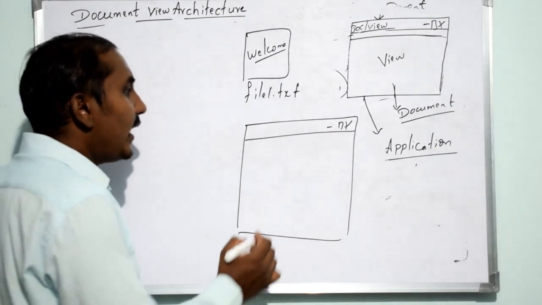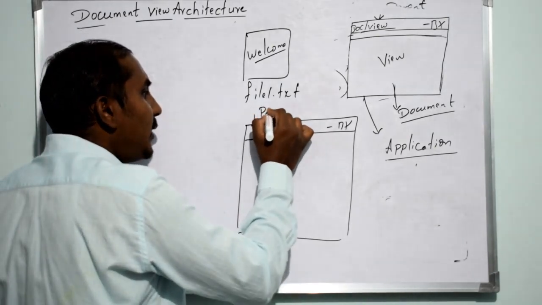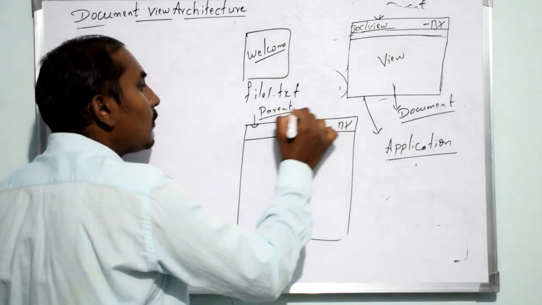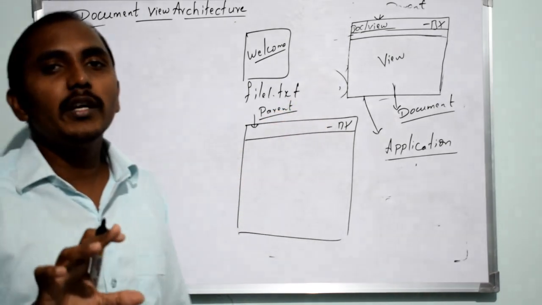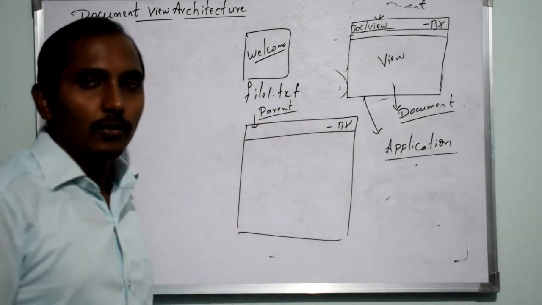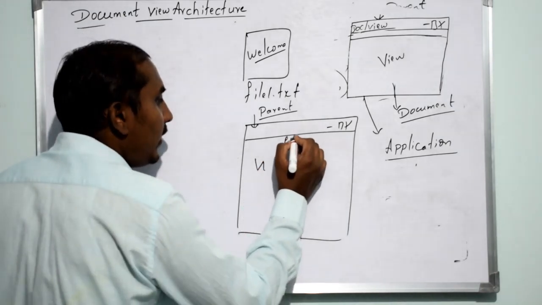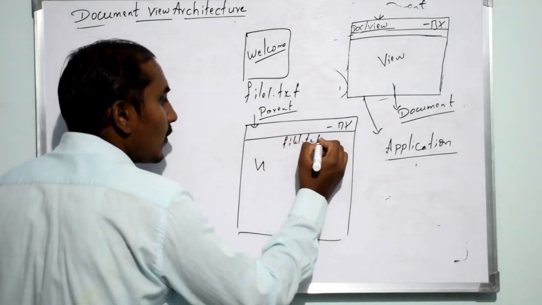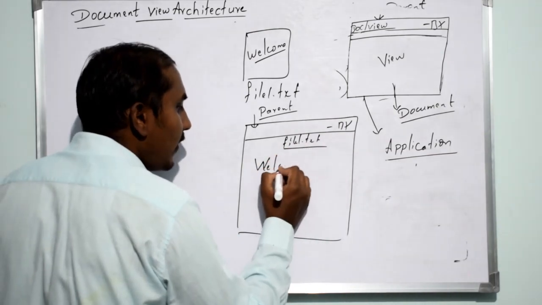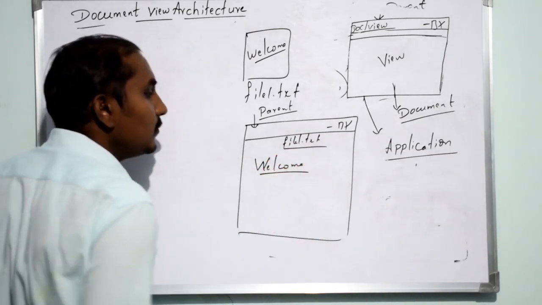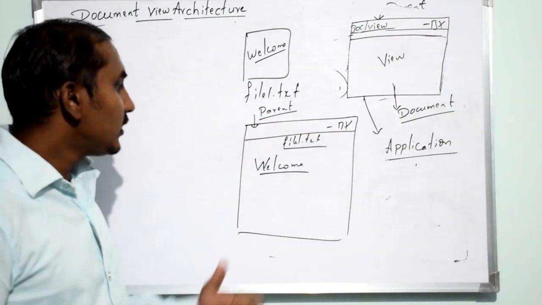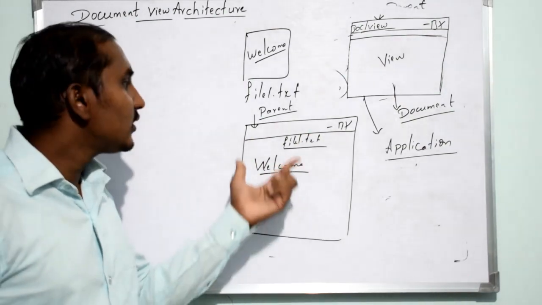I open that file in the application. Now this will be the parent window, where you can see all the menus and functions. On the child window, you can see file 1, where we have the information welcome. Now this file 1 is a child of this application.